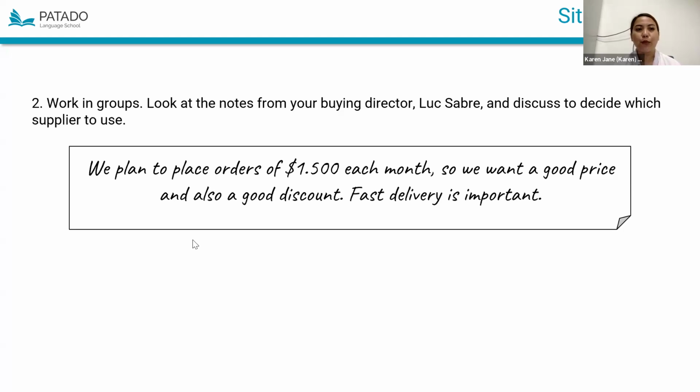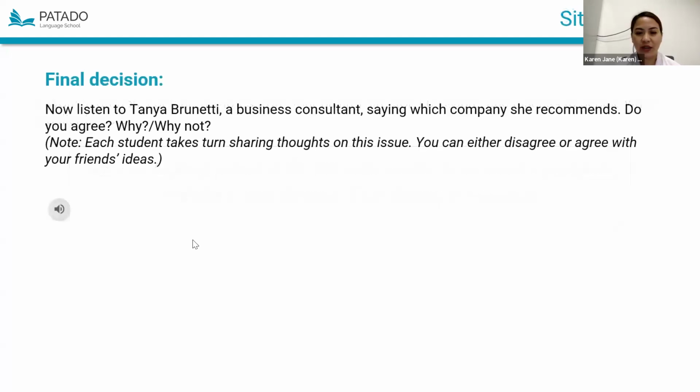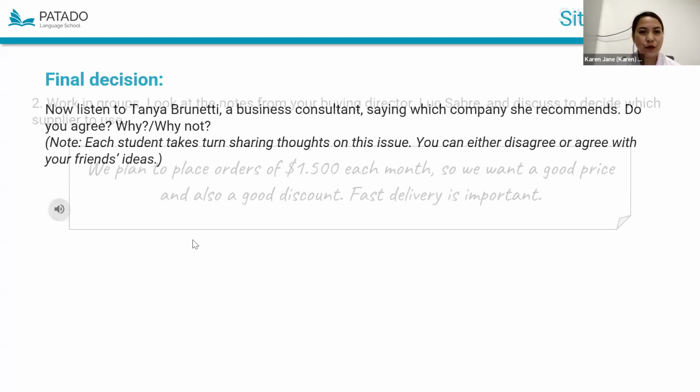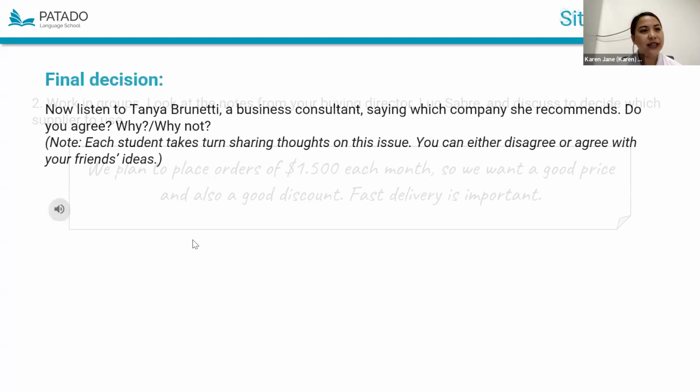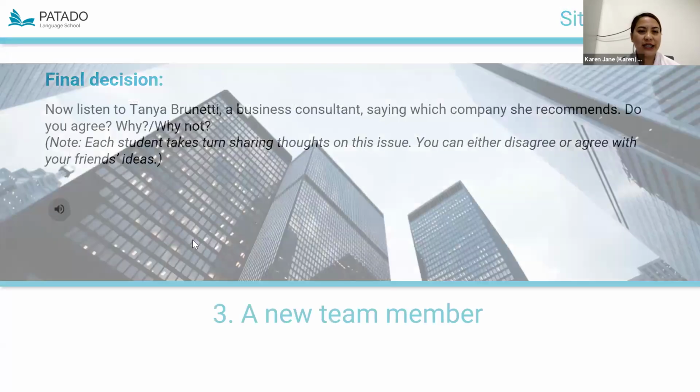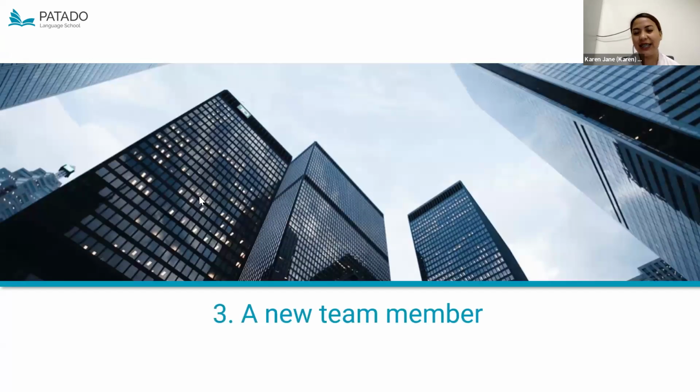Fast delivery is important. So look at this note and decide which supplier to use. Since we don't have the options for the suppliers here, I guess we don't have to do it. Let's proceed to the next activity.